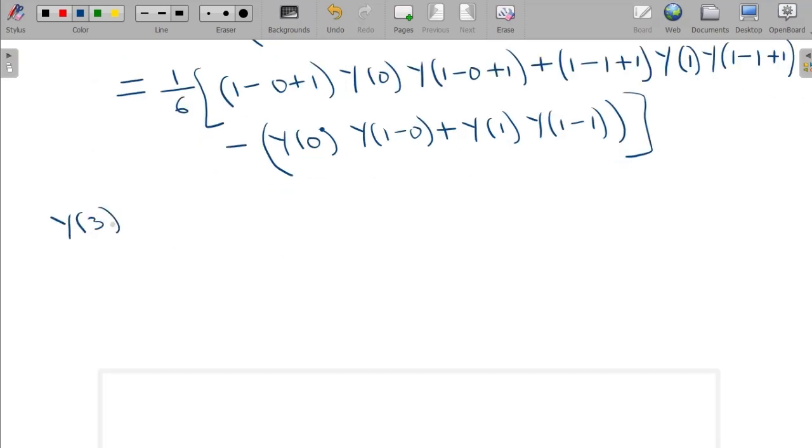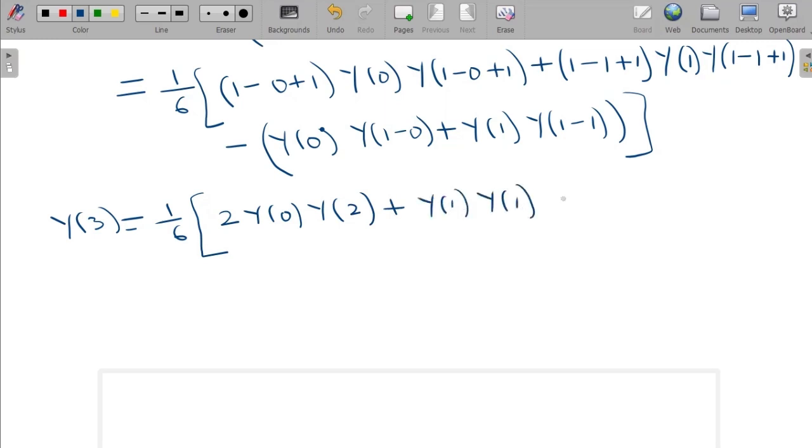We have y of 3 equal to 1 over 6 into, this will give us 2 y of 0, y of 2 plus y of 1, y of 1, then minus y of 0, y of 0, y of 1 plus y of 1, y of 0.